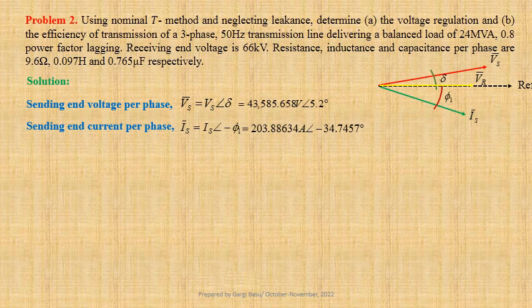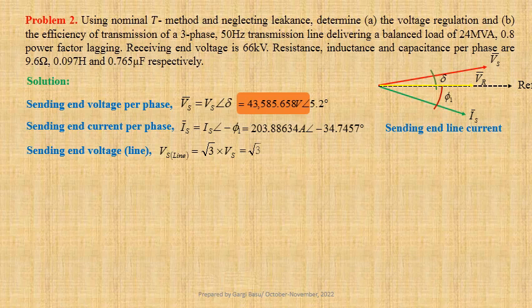For star connected system, sending end current per phase equals sending end line current, and line to line sending end voltage Vs line equals root 3 times Vs, that is equal to root 3 into 43,585.658, which is approximately equal to 75.5 into 10 to the power 3 volts or 75.5 kilovolt.